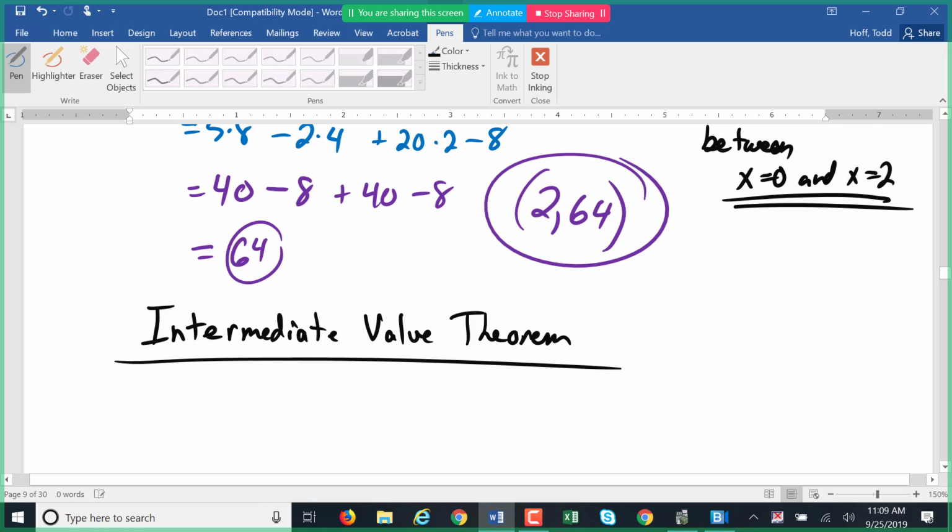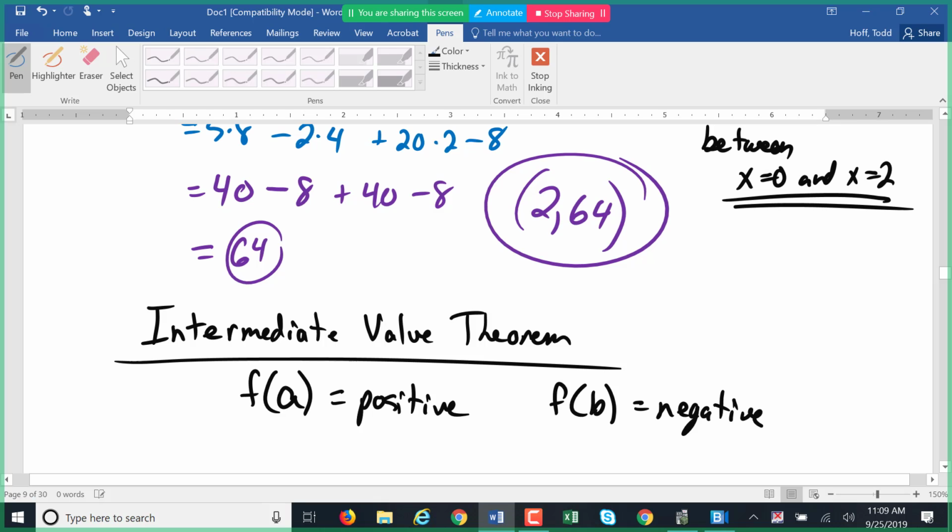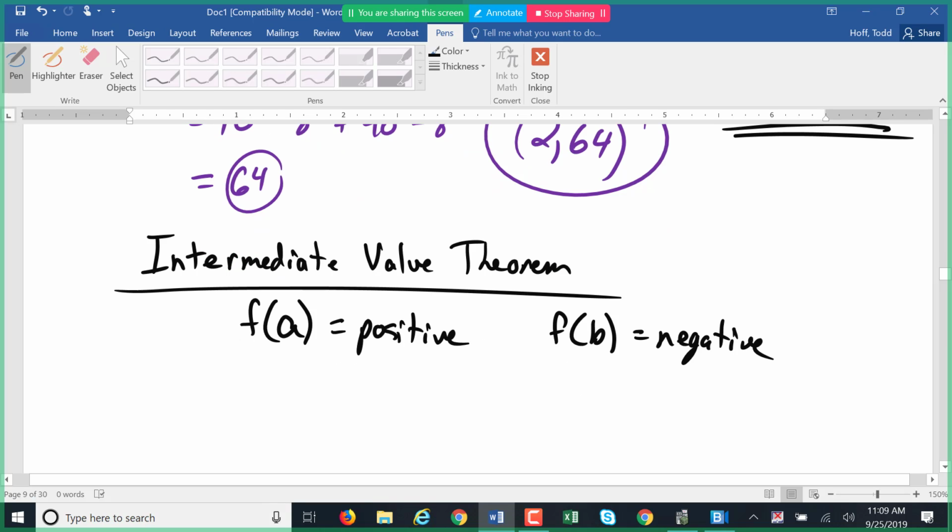And all it says is if f of a is positive and f of b is negative, there is a root somewhere between a and b on the graph.